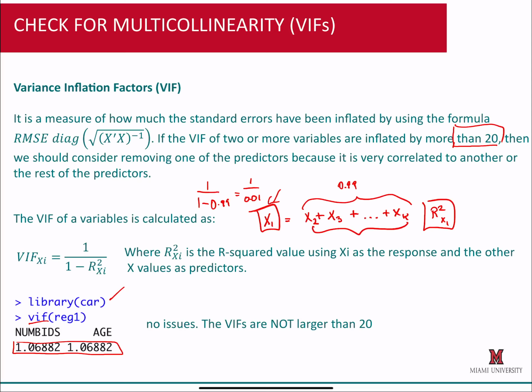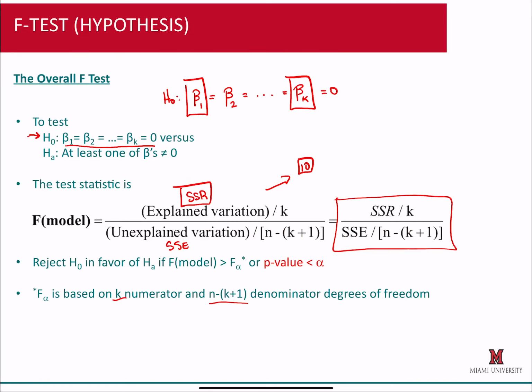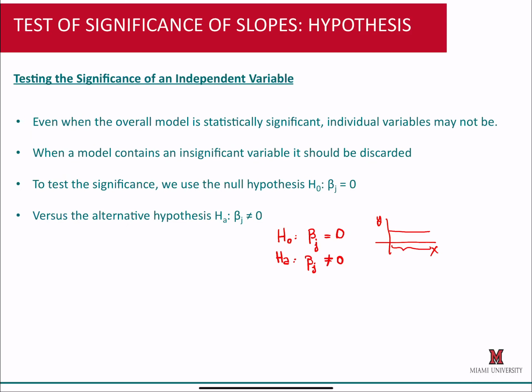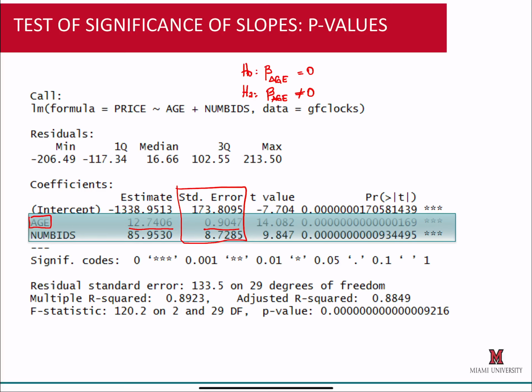So they are inflated by a factor of 1, which means that they're basically not inflated at all. So what we know is that these variables don't have any collinearity among them. So they are not collinear. The test statistic, then, we can trust it.